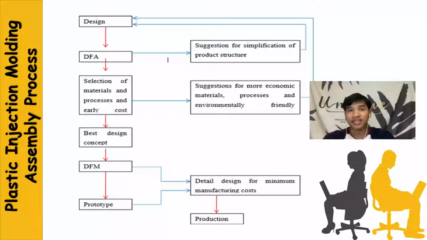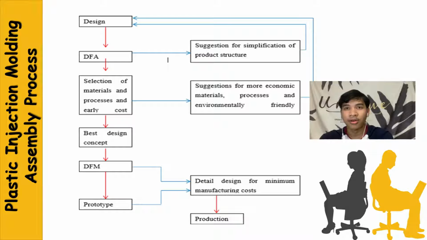Next is the plastic injection molding assembly process. We can see firstly we have design. Next is the DFA. After the DFA, we suggest simplification of product structure, and then we select the material, process and the cost.